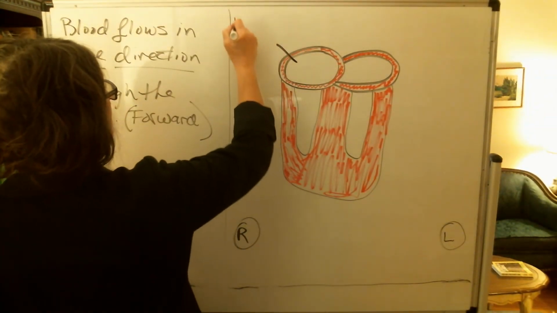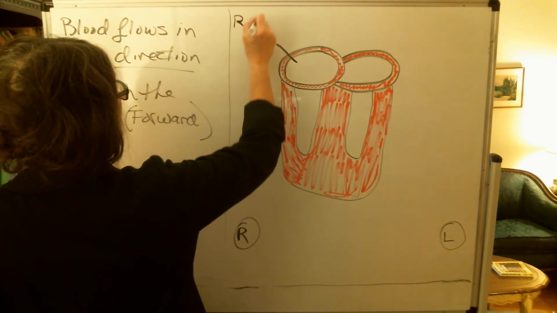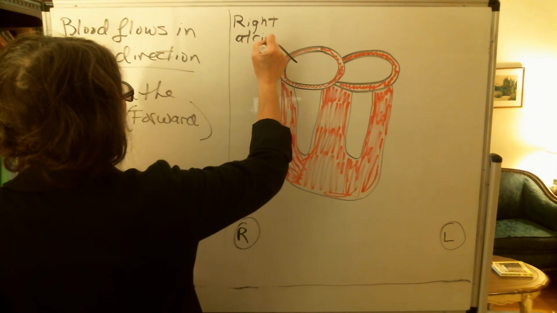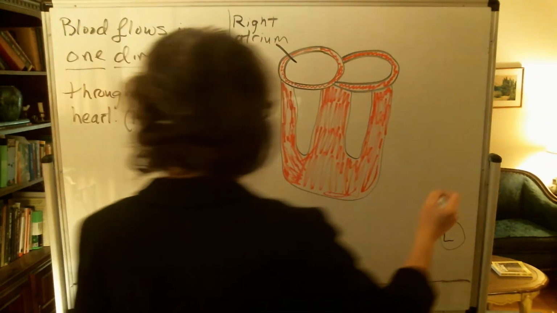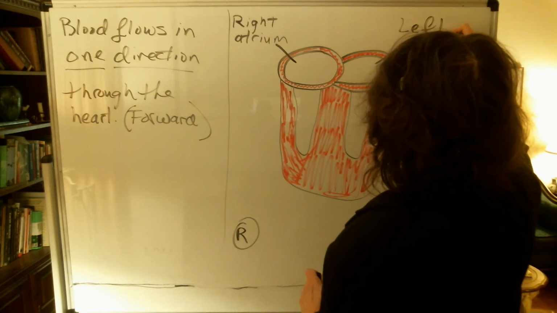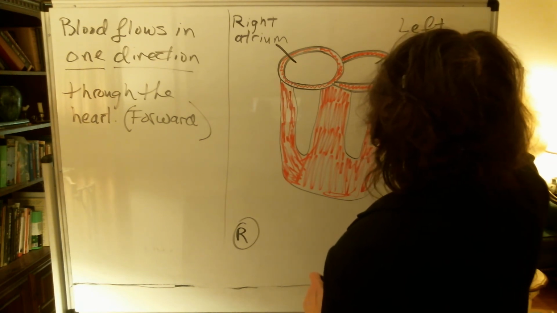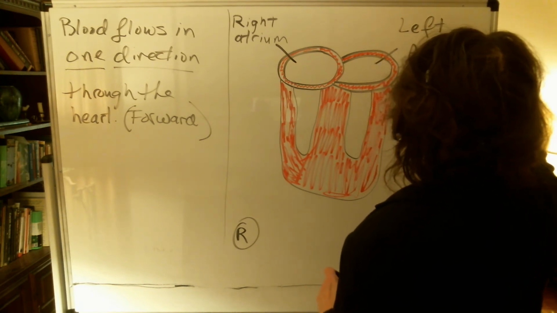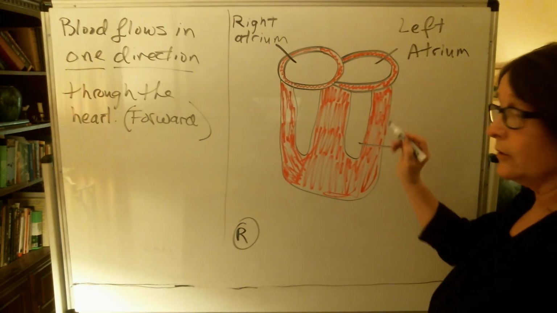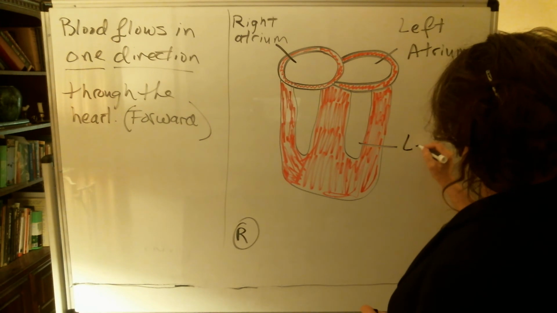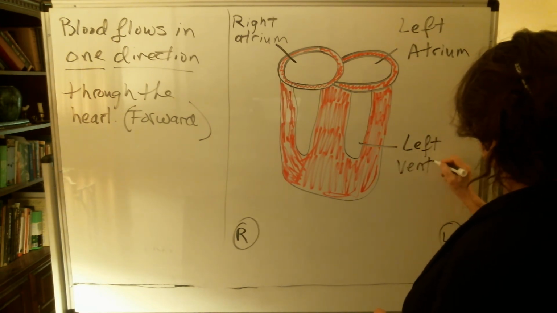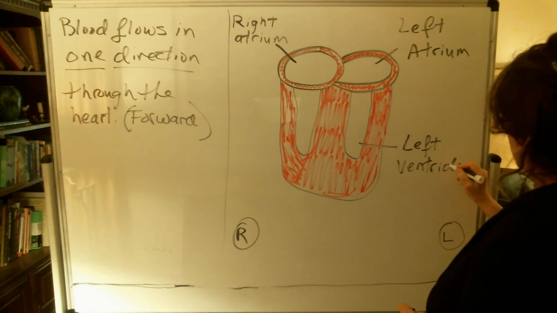So that pink then is the muscle, and here we have the two atria. So this chamber then, this is the right atrium, and this then is the left atrium. And this, the interior, the chamber then, this is the left ventricle.